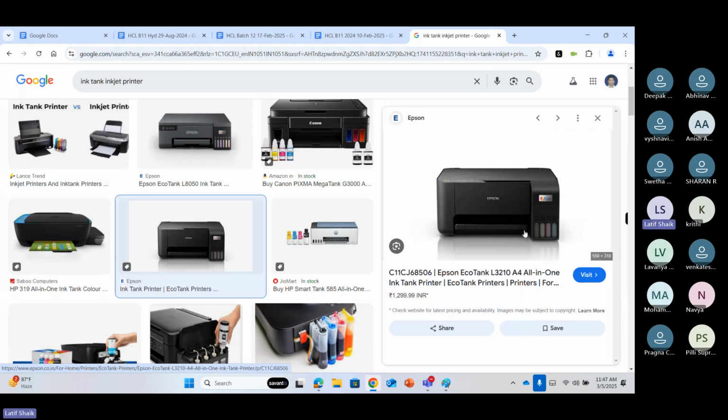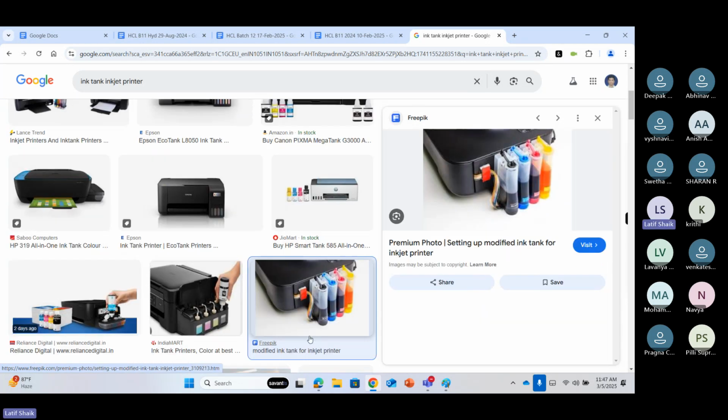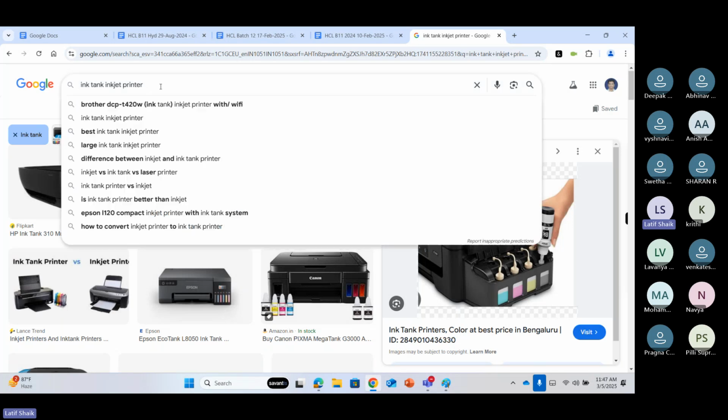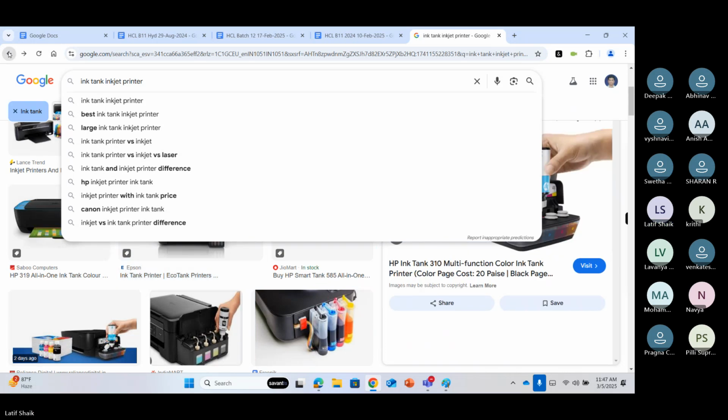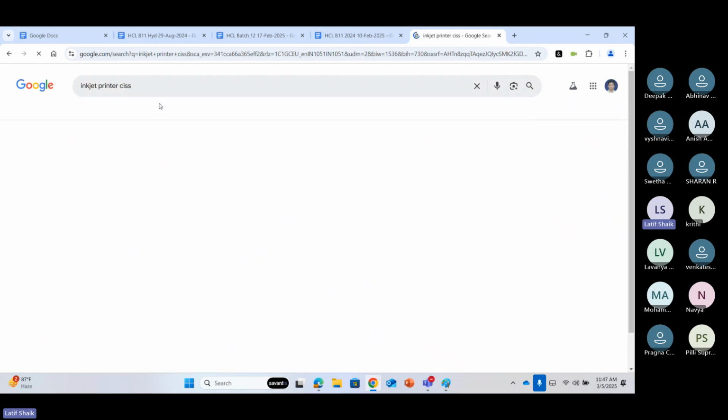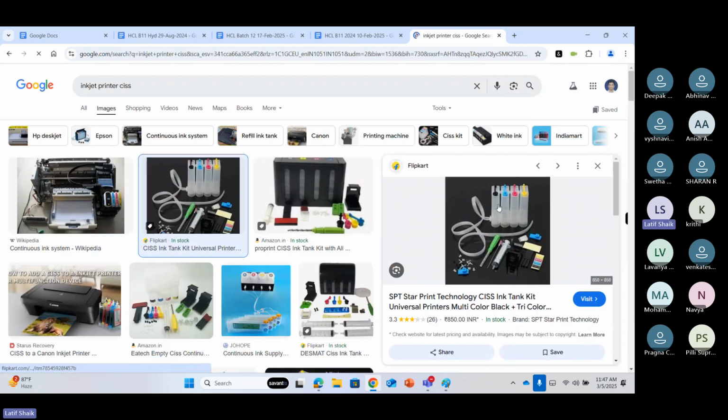So this is the ink tank cartridge part. If anybody has a very old model, some old HP inkjet printer, Epson or HP anything, there is a CISS model also. CISS is an additional attachment for a regular printer, normal printer.